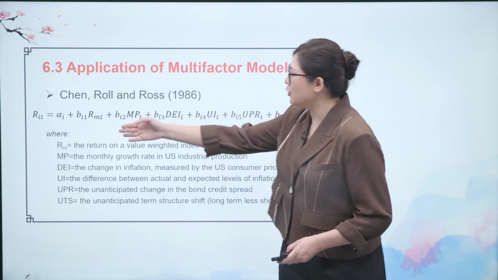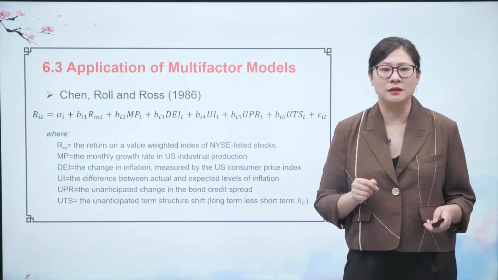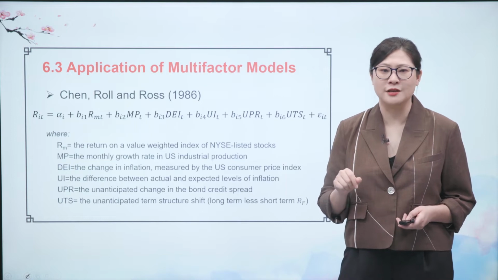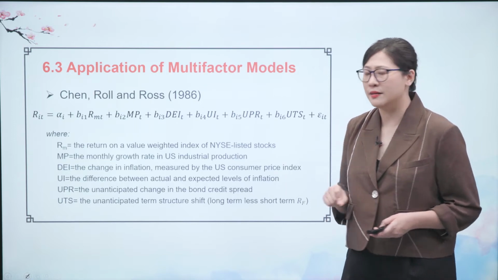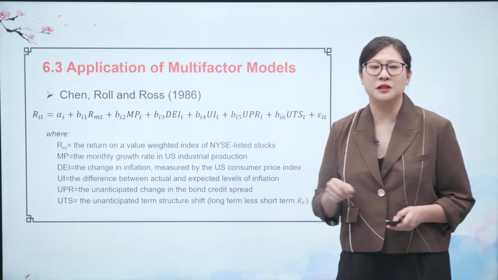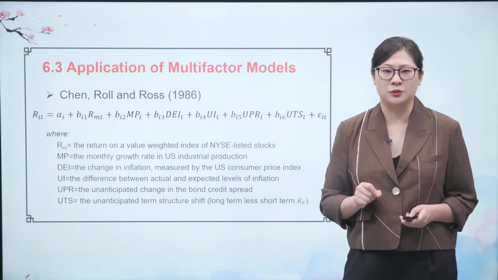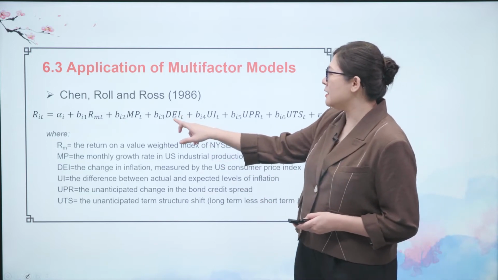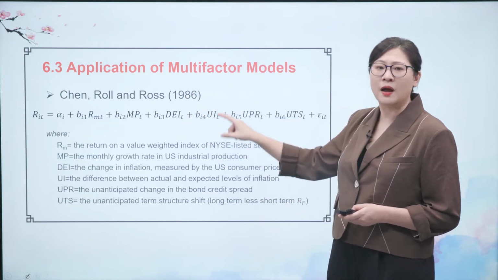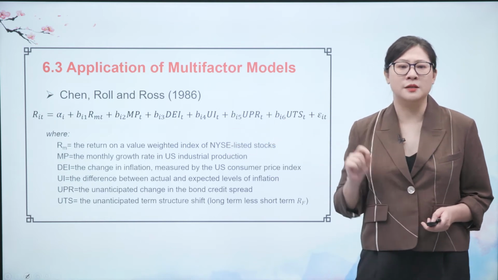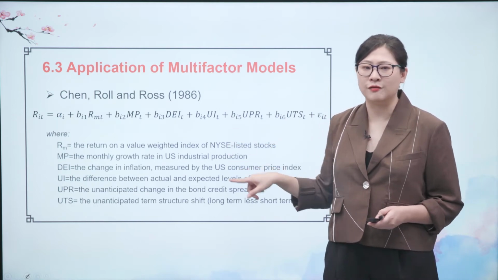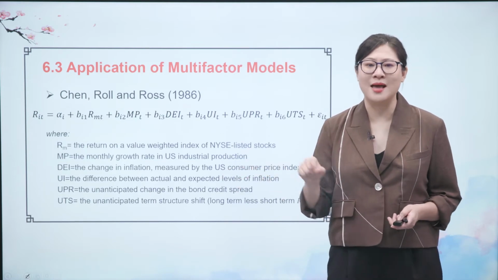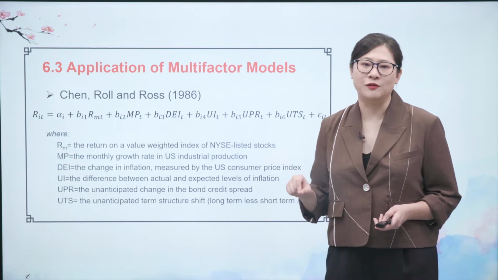The first, they use RM, the return on a value-weighted index of New York Stock Exchange listed stock. Then they use MP to denote the monthly growth rate in U.S. industrial production. DEI and UI are both considered inflation. DEI is the change in inflation, and UI is the difference between the actual and the expected level of inflation.